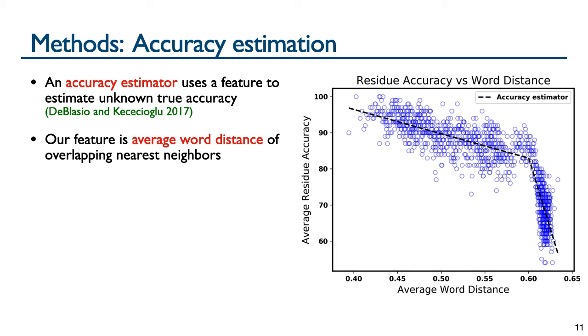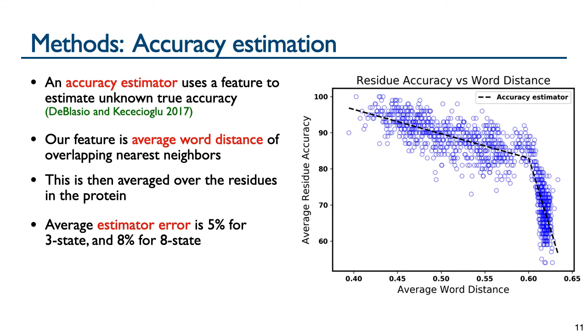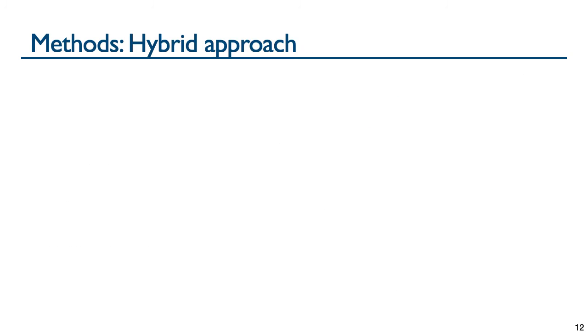Its value on the vertical axis is average empirical accuracy of residues with similar word distance, which is averaged over the protein to get protein estimated accuracy. The dashed lines give the piecewise linear fitted estimator, which maps word distance to estimated residue accuracy. The resulting accuracy estimator has an average error of 5% for the 3-state model and 8% for the 8-state model.